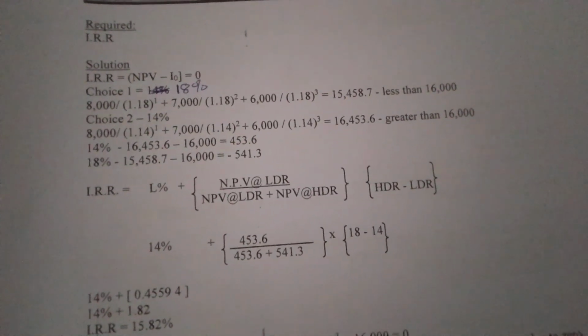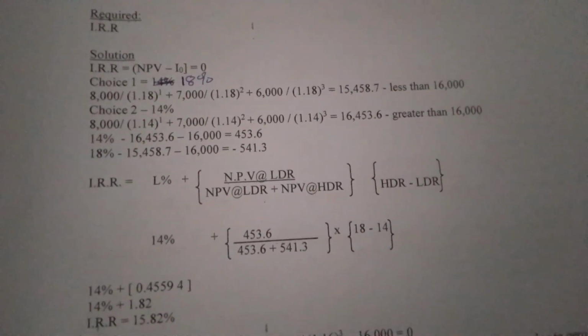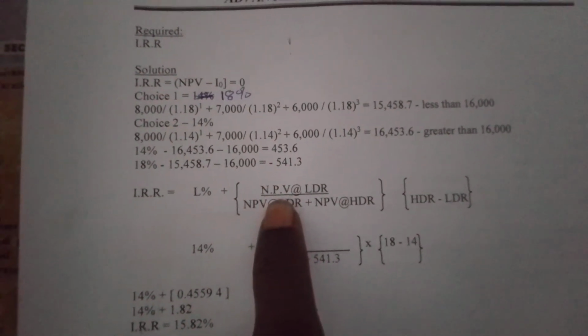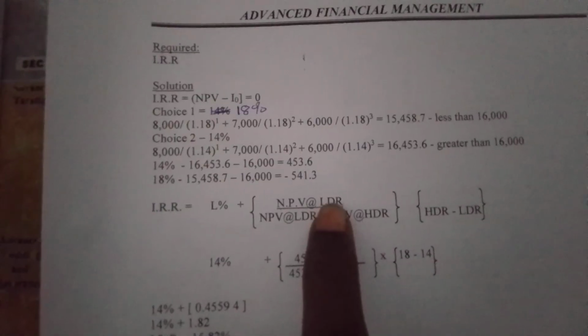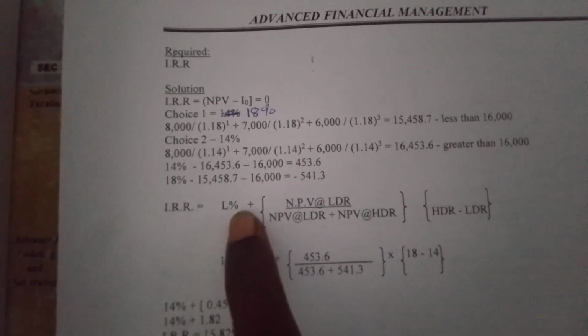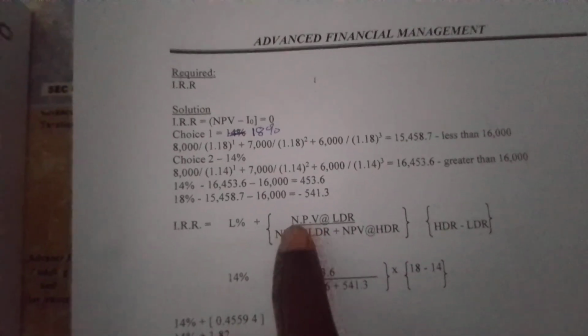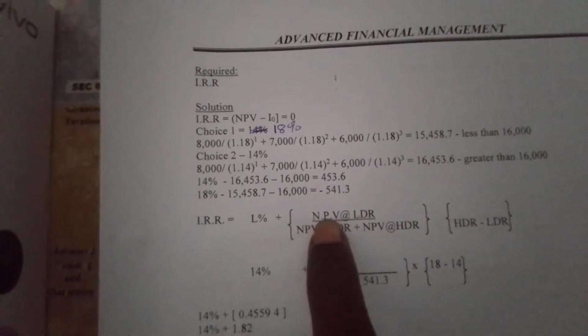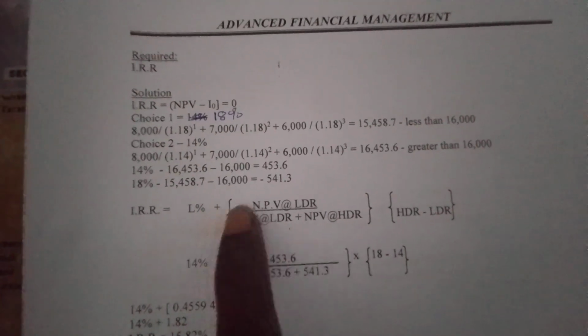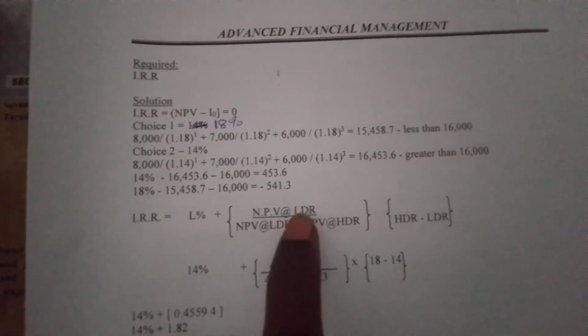The numerator is the net present value at the lower rate. If you use the lower rate to calculate the net present value, that net present value will be our numerator.